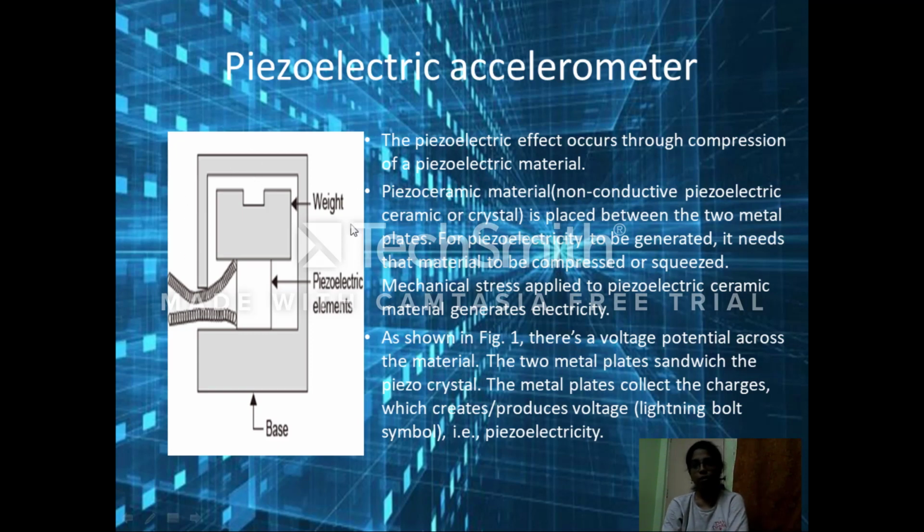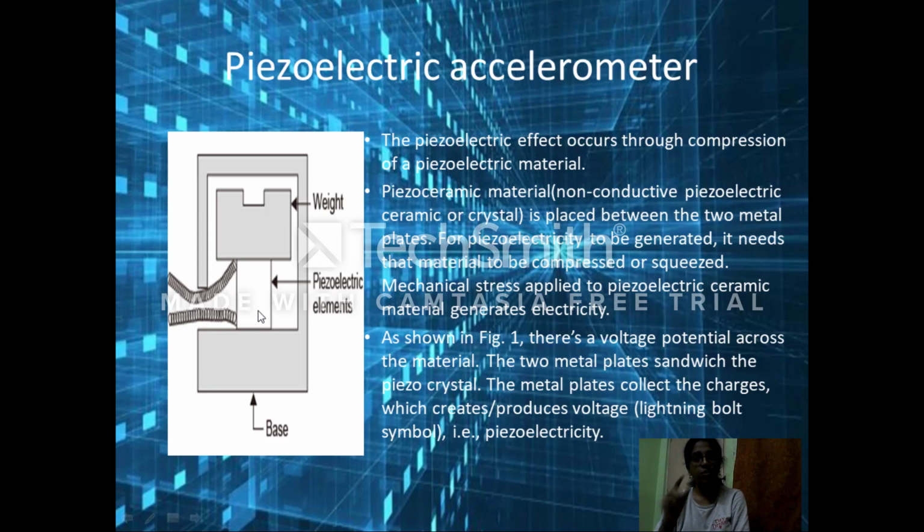Whenever we keep it on the thing for which we have to measure the vibration, if it vibrates like this, then this weight will hit the top, and the force will be applied on the piezoelectric element. The property of the piezoelectric element changes, and then the voltage changes, so you get a new voltage.